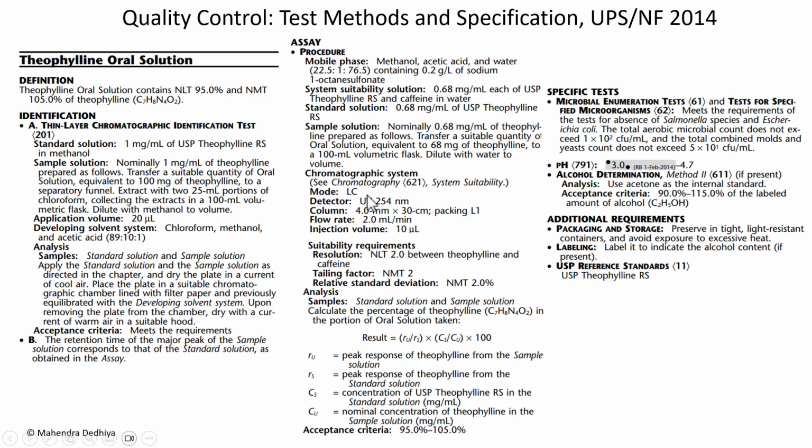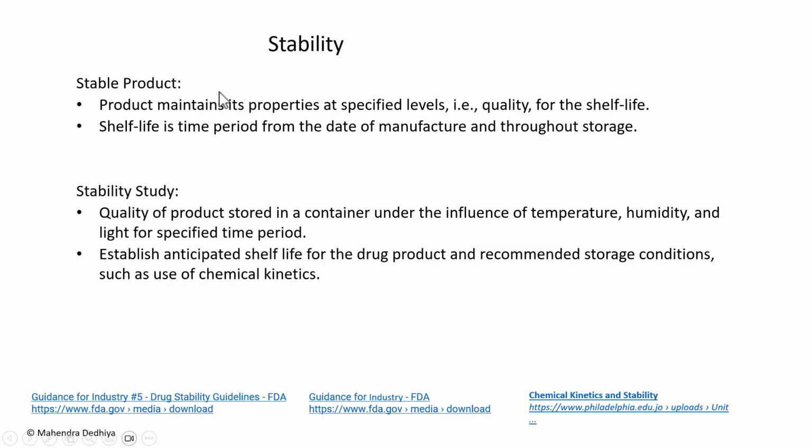Details are given of the chromatographic system as well as calculations and acceptance criteria. Additional testing, the microbial test, pH, and alcohol content determination, needs to be made. And it provides additional requirements. This is a quality control specification. Three components of quality are quality by design, quality control, and stability.